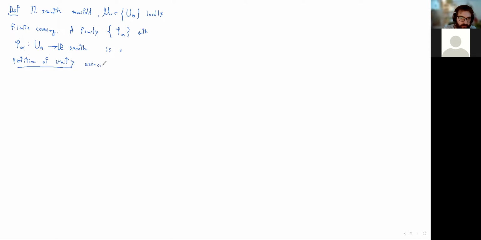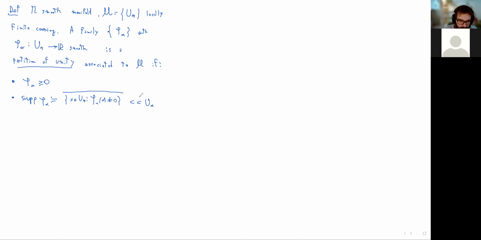associated to the covering, associated to U, if, number one, all these are positive or non-negative, to be precise. Two, the support of phi alpha, which by definition is nothing but the set of x in U alpha such that phi alpha of x is non-zero, and then you take the closure of this, is compactly contained in U alpha.